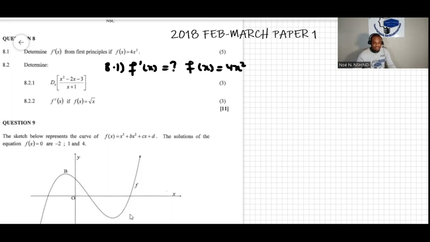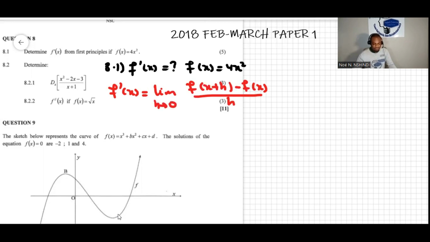Now, first of all, the derivative from the first principle is given by, I'm going to write here, f prime of x equals the limit of the function of f of x plus h minus f of x, all over h, while h approaches 0.